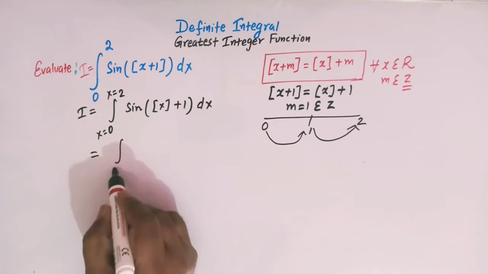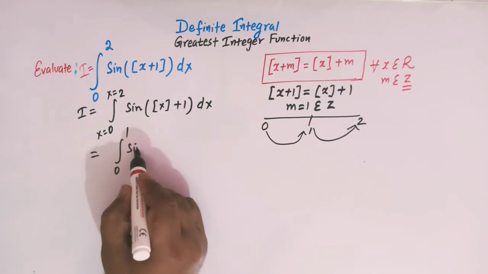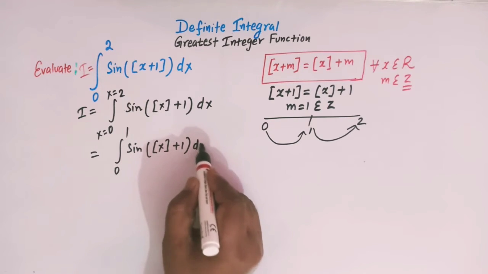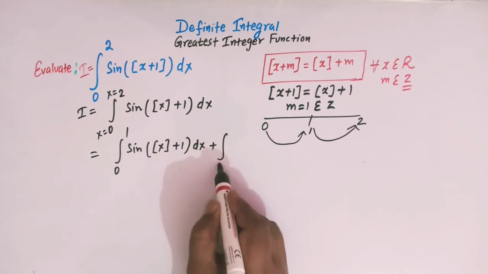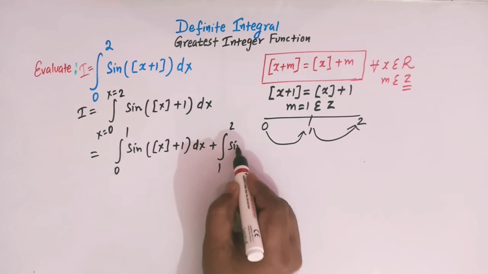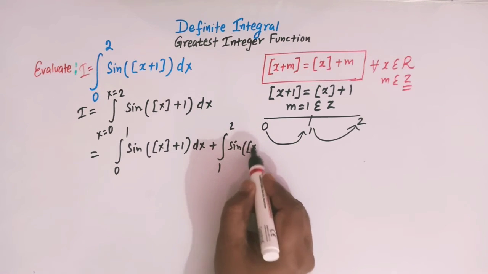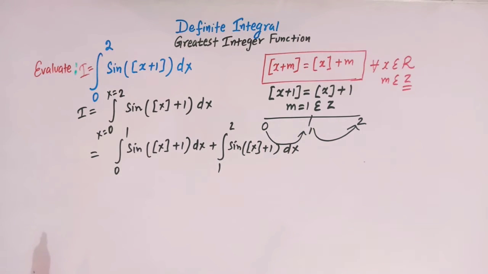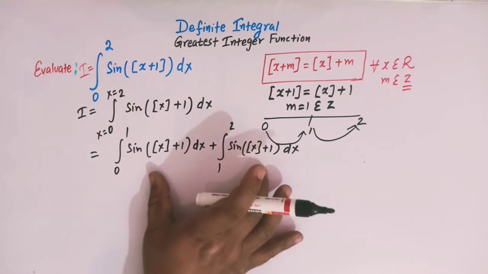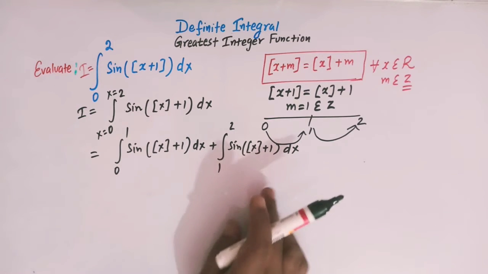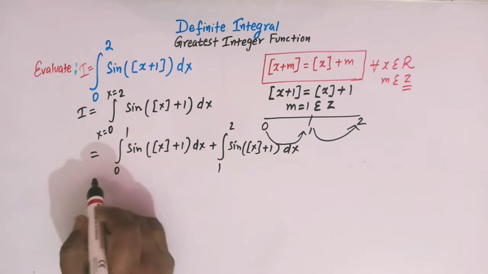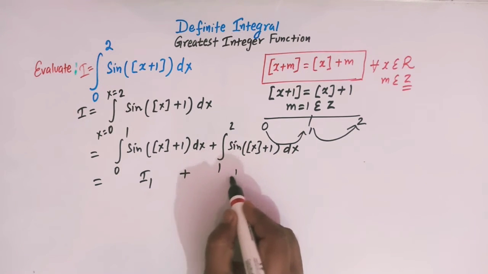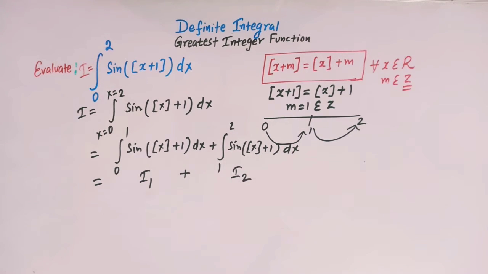We can now write the integral from 0 to 1 of sine of the greatest integer of x plus 1 dx, plus the integral from 1 to 2 of sine of the greatest integer of x plus 1 dx. Now we have to evaluate these two integrals. This integral can be taken as I1 and this one as I2.